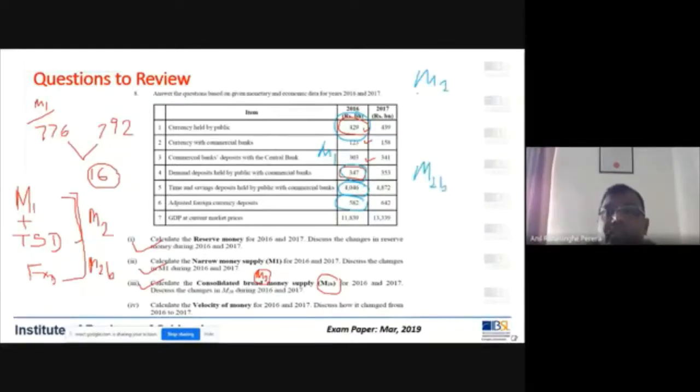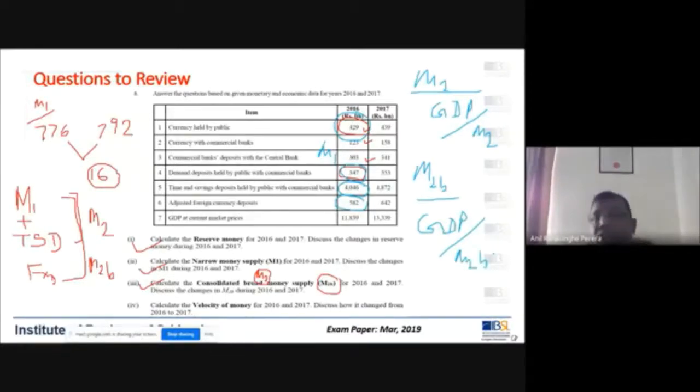So velocity, you can define based on M2. How do you do? GDP divided by M2. Or you can define it by M2B, that is GDP divided by M2B. Both are correct. So if you go by M2, velocity for 2016 is 2.46.